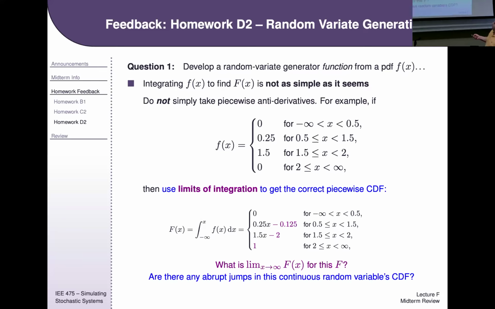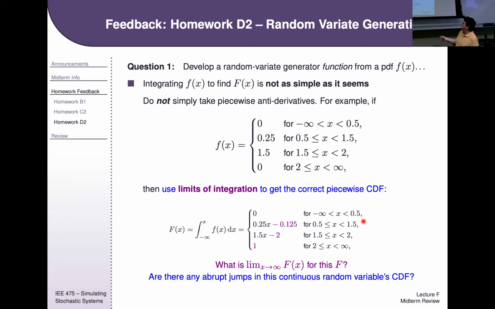All right. The other thing here is this is a continuous probability density function. In this class, our random variables are either continuous or discrete. In the real world, you have random variables that have both combined, but in this class, we keep them separate. So if you're doing these integrals, that means this is a continuous probability density function, which means there won't be any abrupt jumps in your CDF.